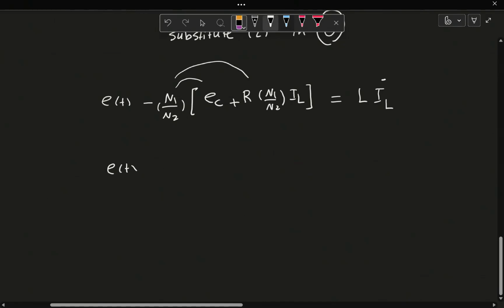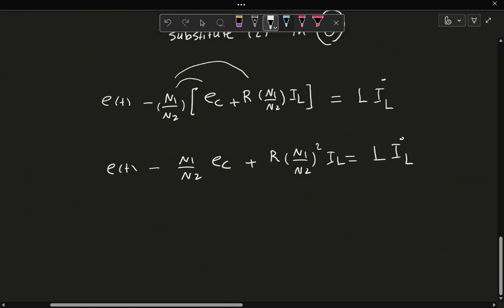So if you do that, it's going to be ET minus N1 over N2 EC plus R N1 over N2 squared IL equals L I dot L. Yes?